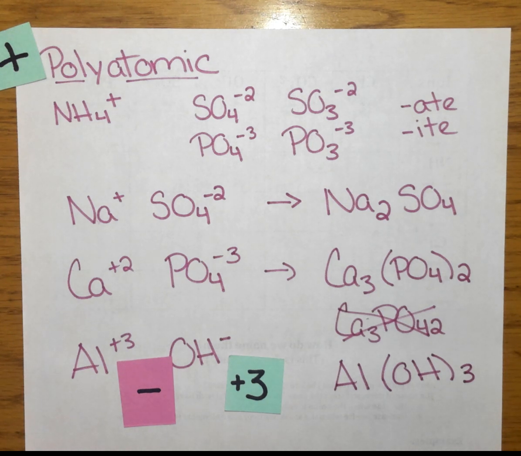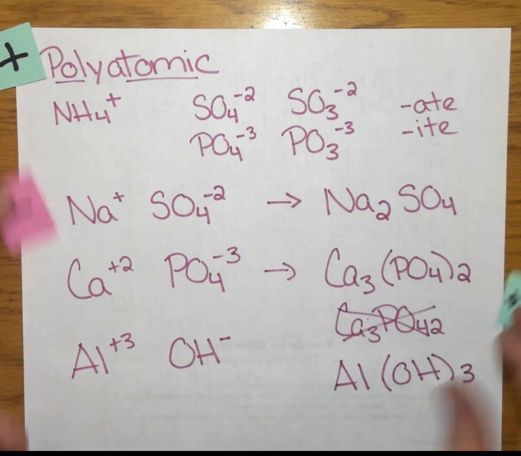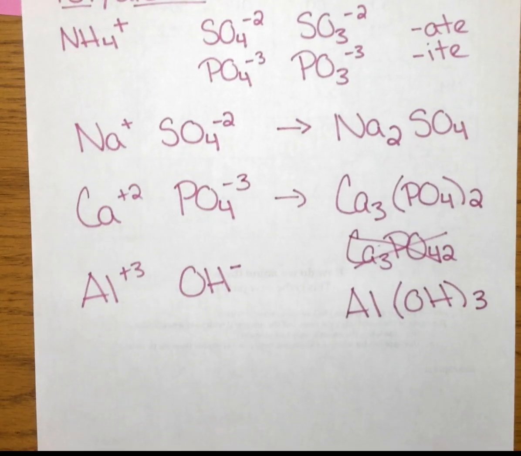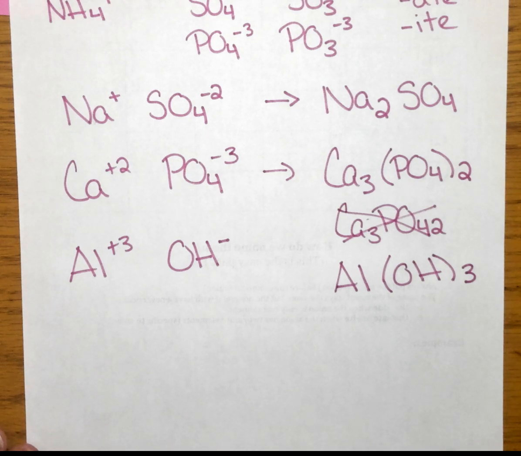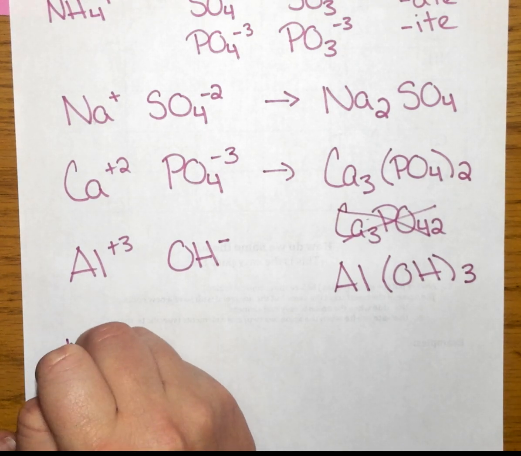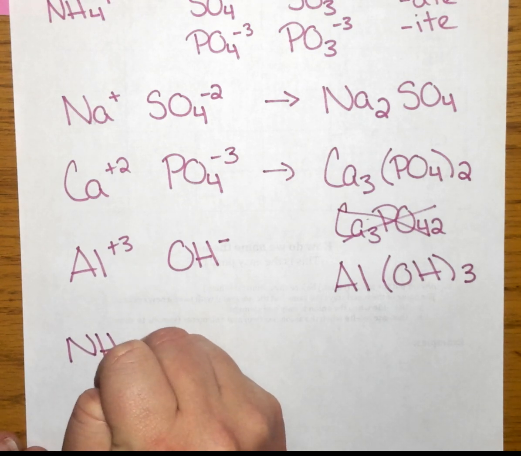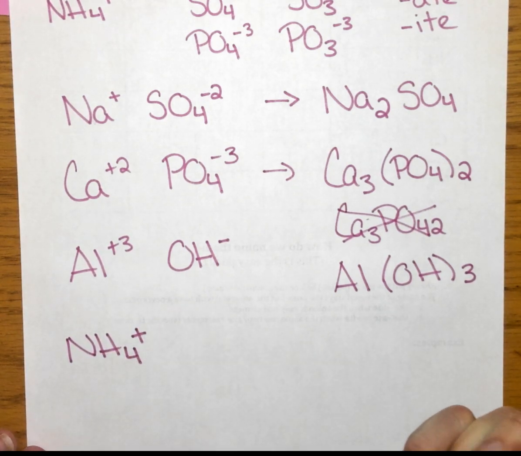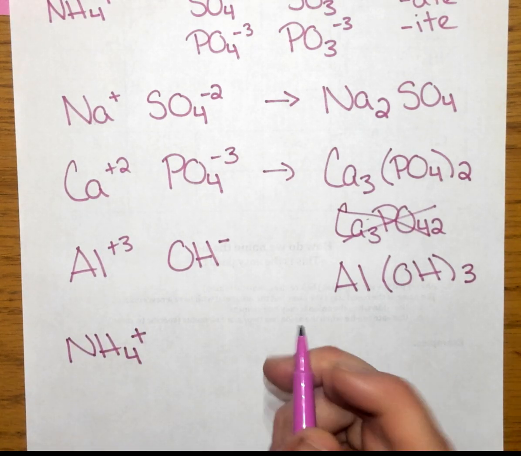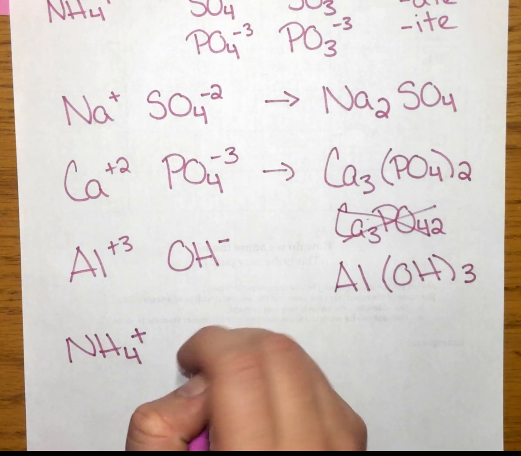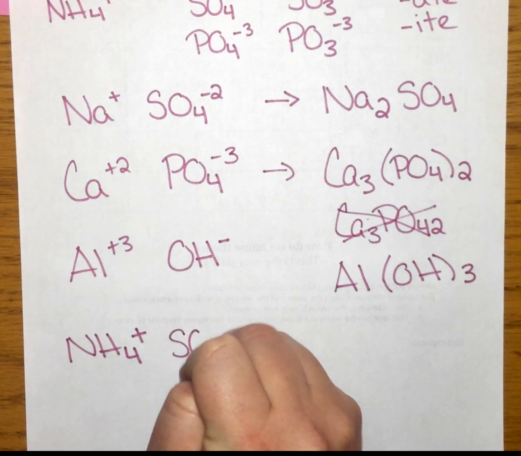Now, this works the same exact way as if my polyatomic is my cation, okay? So in the case of ammonium, where I have NH4+, you know what, let's just combine it with a polyatomic for fun, with SO3 -2.